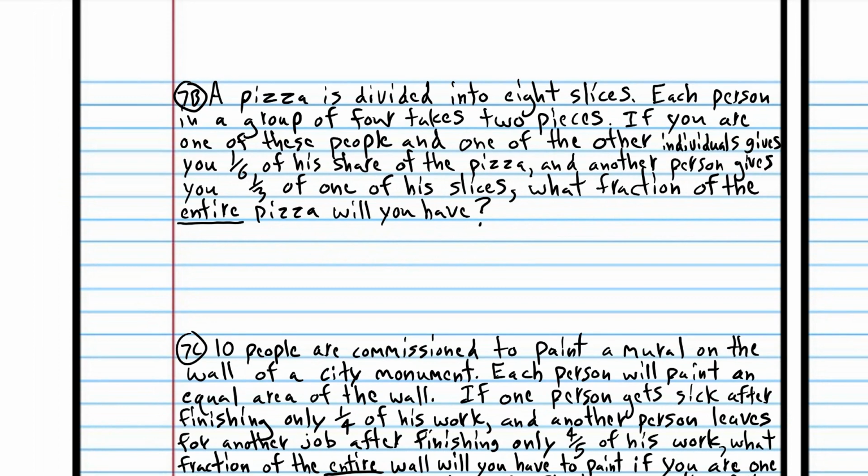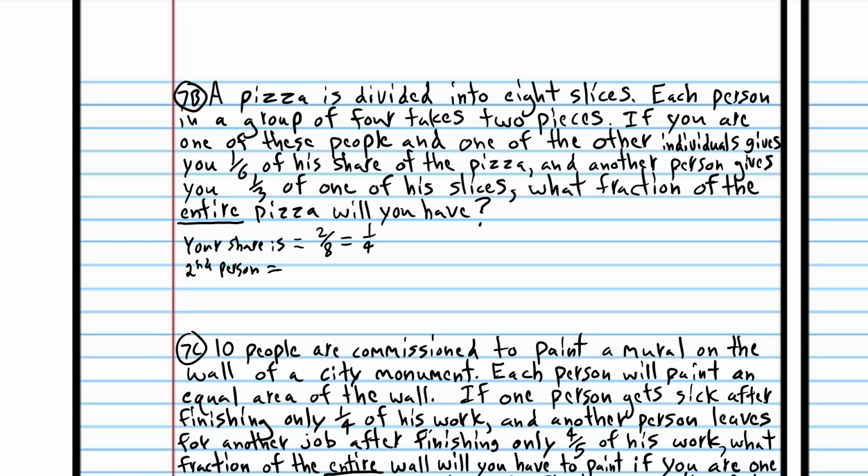So your share is 2 out of 8 because each person gets 2 pieces. So you can go ahead and reduce that to 1/4, divide both sides by 2. And the second person is giving you 1/6 of his share.